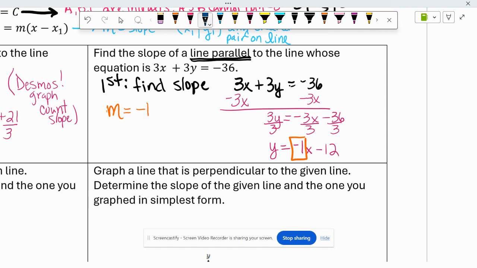The slope of the parallel line, and the symbol that we use for parallel is just two lines together. This means parallel. So I write it like this. My parallel slope also has to equal negative 1 because we know that parallel lines have the same slope.